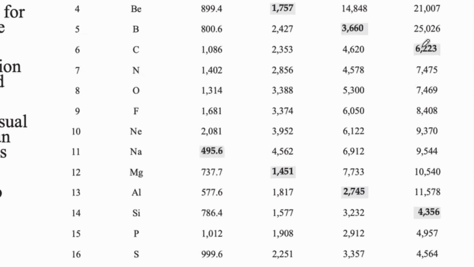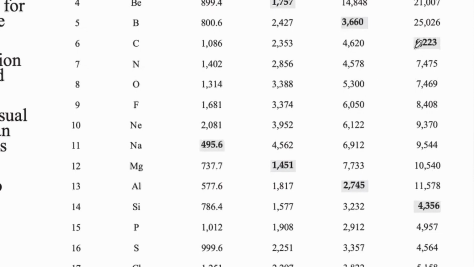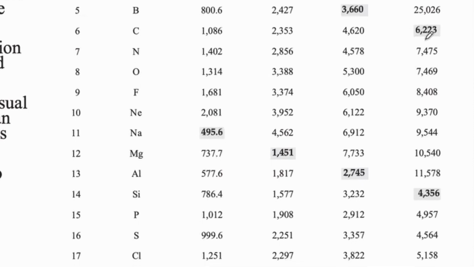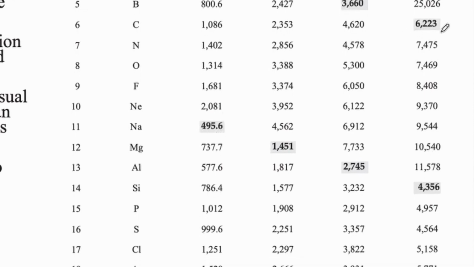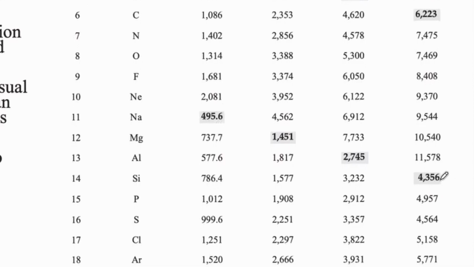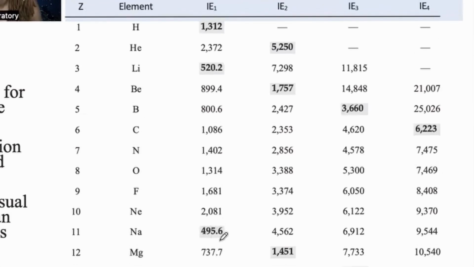So this basically shows the ionization energy required for removal from the n=3 and 4 subshell at 6,000 kilojoules per mole, 4,300 for silicon, as opposed to 495 for sodium at the first energy level.